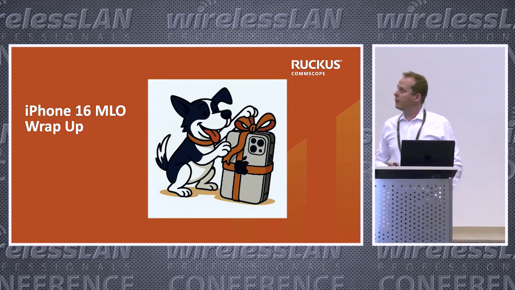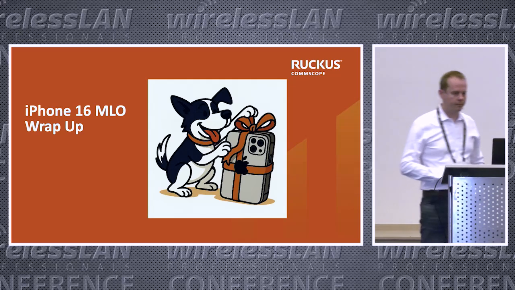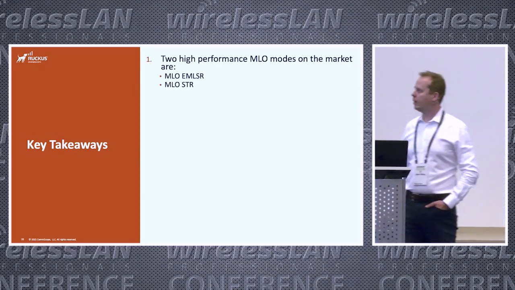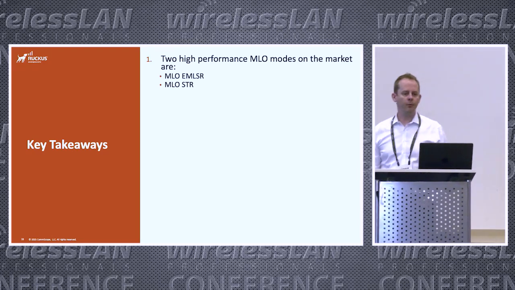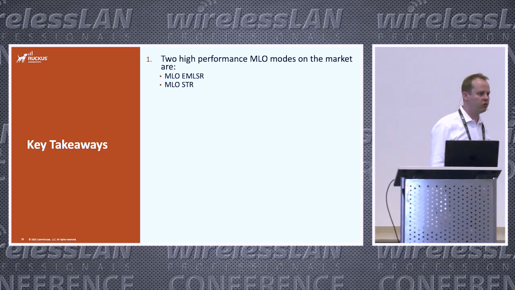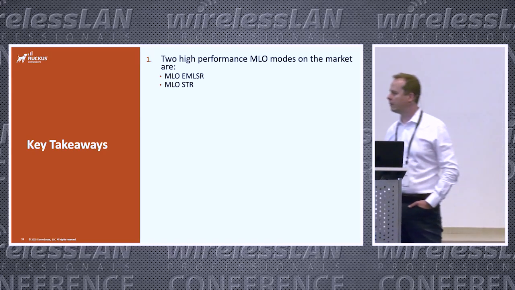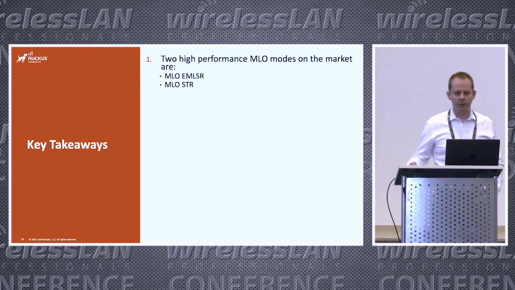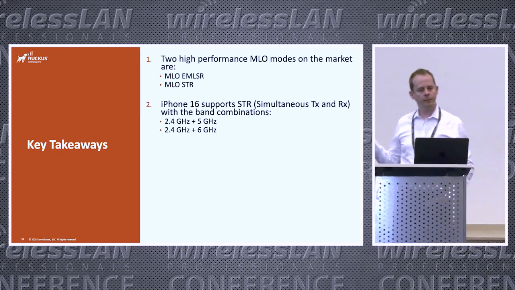All right, it's time to wrap up the session. So, what do we know? What did we learn? First, there are 2 high-performance modes in MLO today, which are MLO eMLSR and MLO STR. The basic MLSR is just the basic mode when a device is connected to an MLO access point.